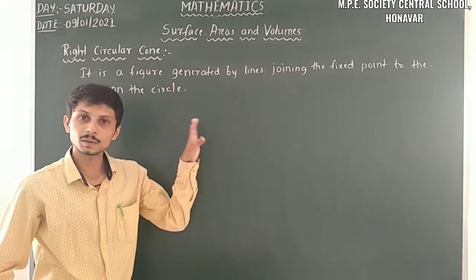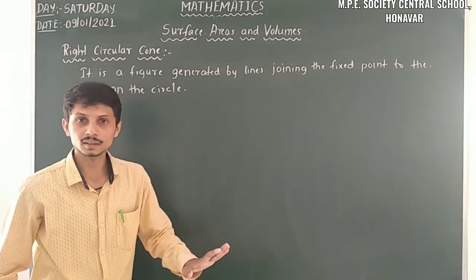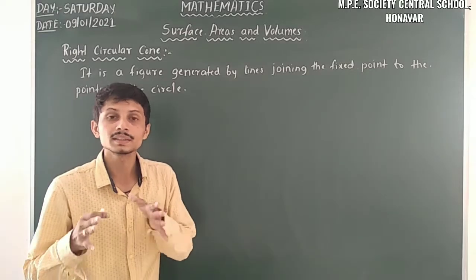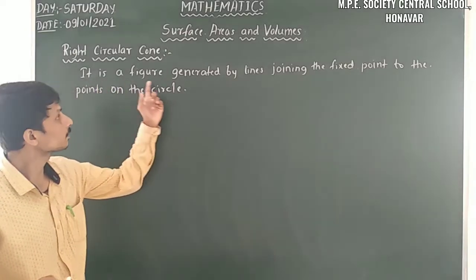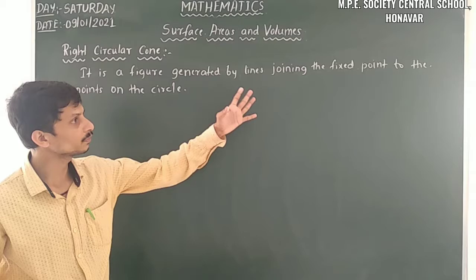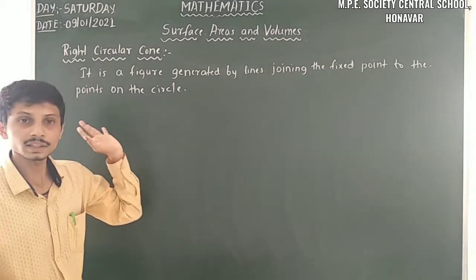The points on the circle means it's on the circumference of the circle. So here we have, it's a figure generated by lines joining the fixed point to the points on the circle.